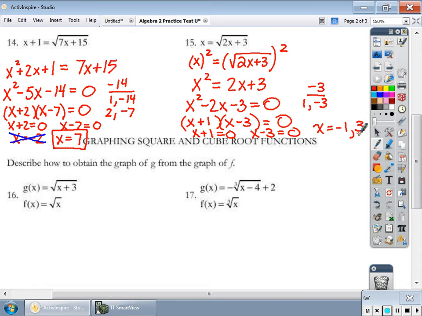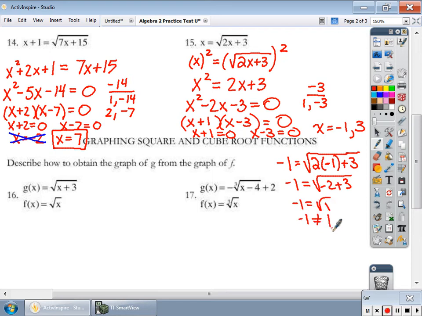Now we need to do our check. I'll have to do the check down here. Plugging in negative 1, immediately I'm a little leery because I have a square root equaling a negative number. This is negative 1. Does that equal, this is negative 2 plus 3. Does negative 1 equal the square root of 1? No. Negative 1 does not equal 1.